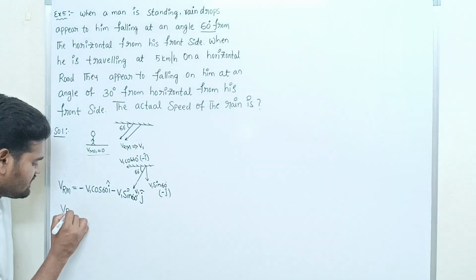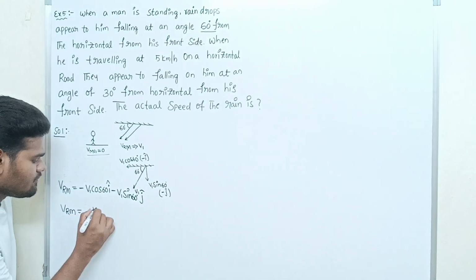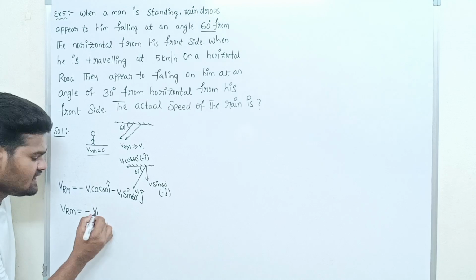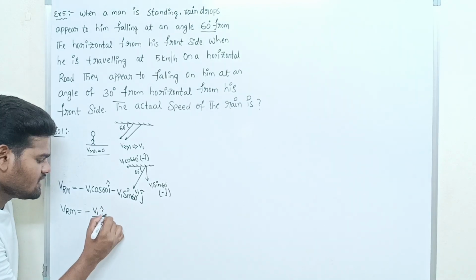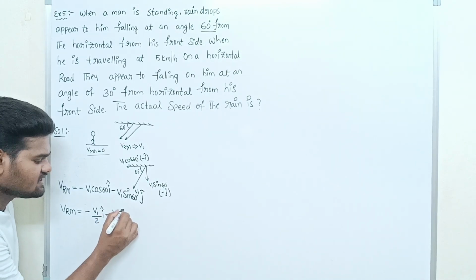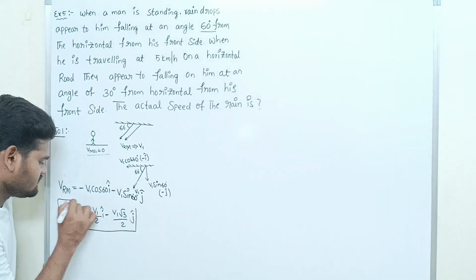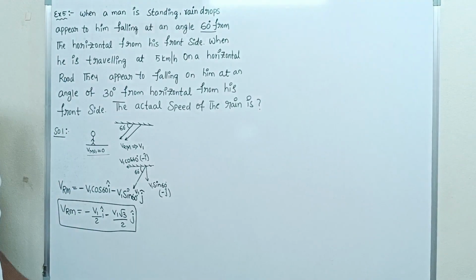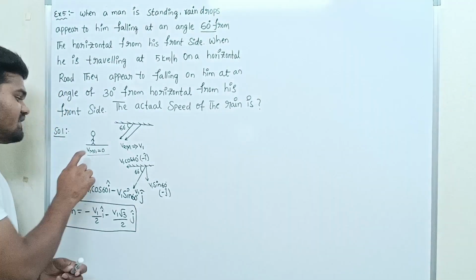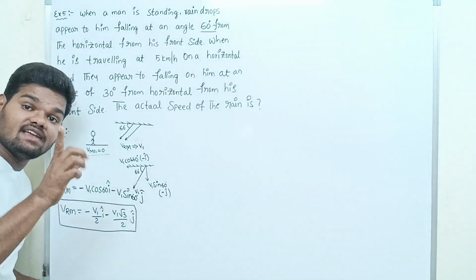So from here, velocity of rain with respect to man is equal to minus V1 times cos 60, which is 1 by 2, i cap, minus V1 sin 60, root 3 by 2, j cap. This is the velocity of rain with respect to man when he is standing.